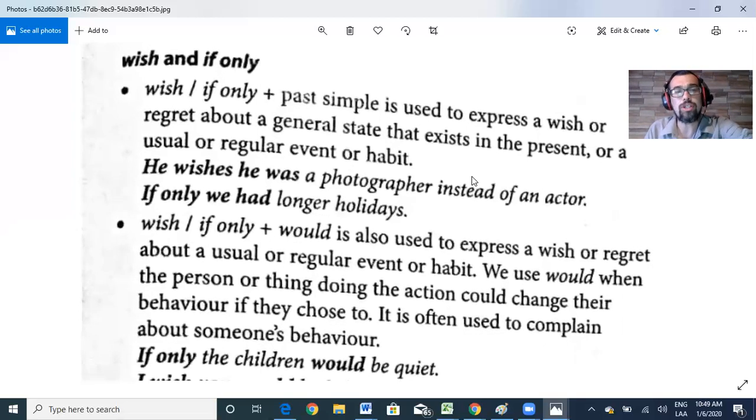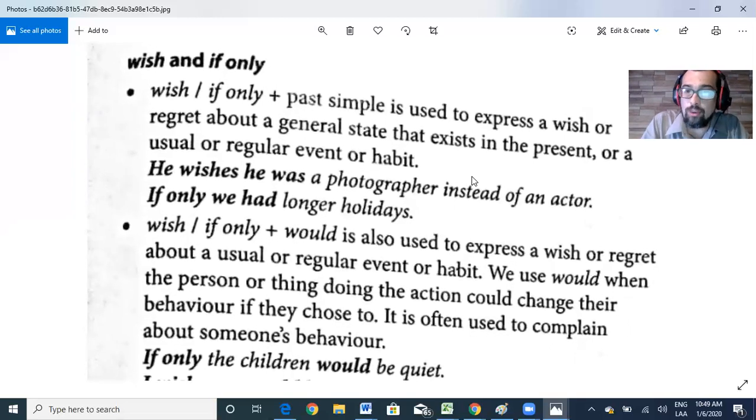Okay, so this is the first formula that we really want to focus on. Please write it down, study, write your own examples, and if you want, you can send those examples to me, and we can check them together and see how you are progressing with wishes and regrets.